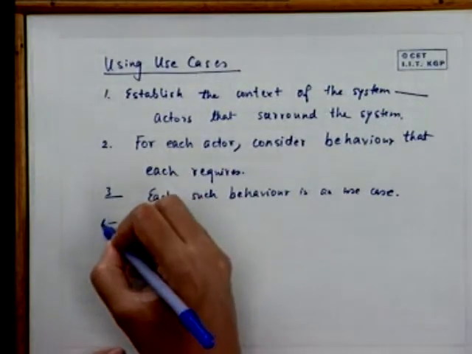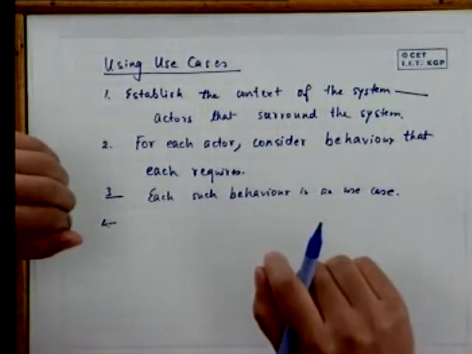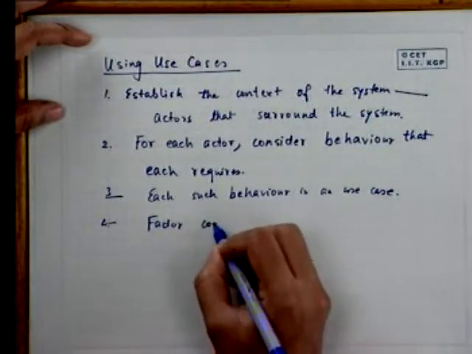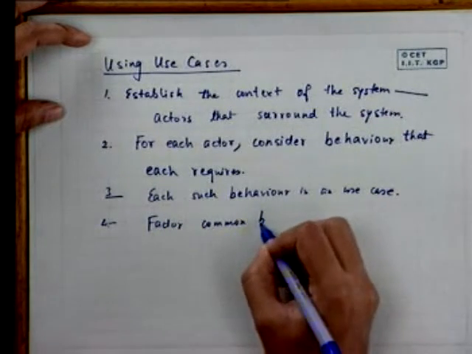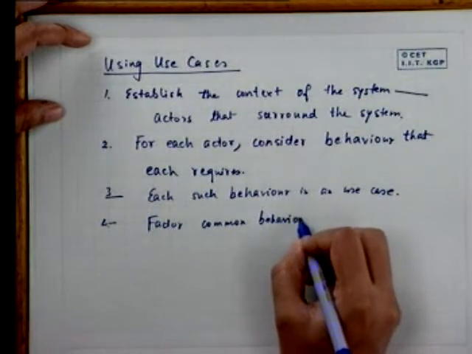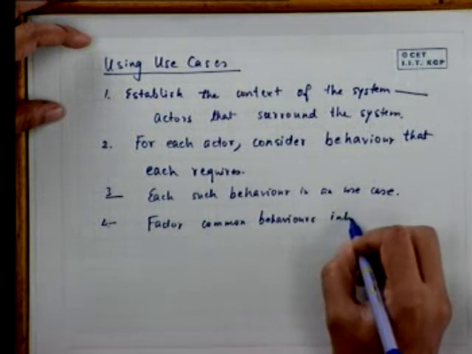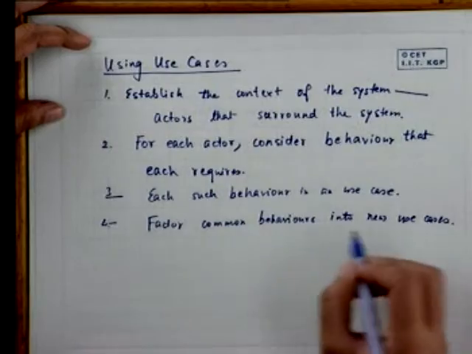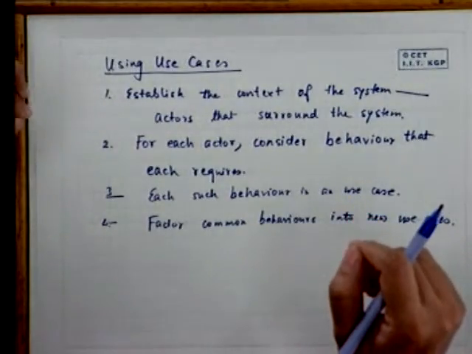Then for the common behaviors of the system, we have to see if they can be factored into other use cases. Factor the common behaviors into new use cases. And then factor variant behavior into new use cases which extend some of the use cases.